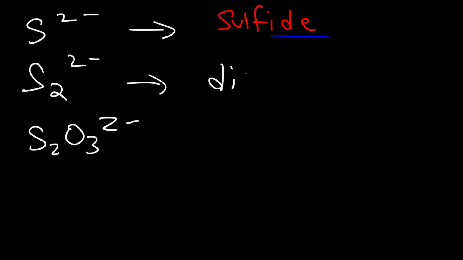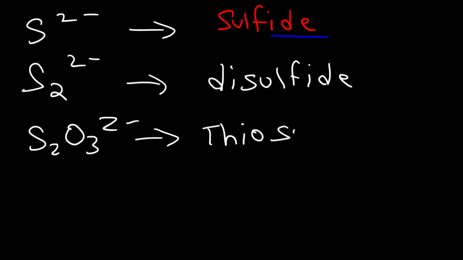This is known as disulfide because there's two sulfur atoms in this ion. S2O3 2- is a polyatomic ion with oxygen, so it's going to have ite or ate. This one is called thiosulfate. If you hear the word thio, it's associated with sulfur. So it's thiosulfate.